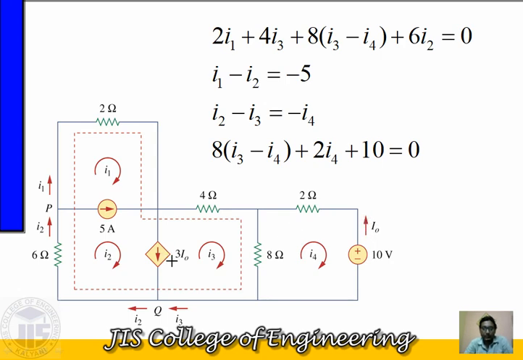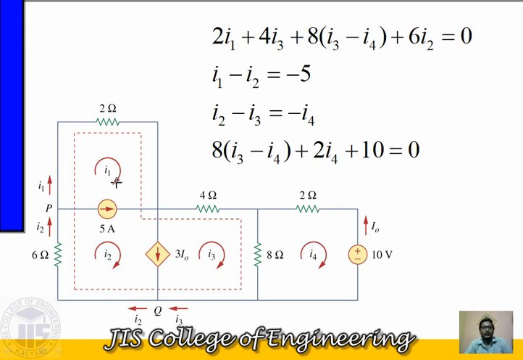Whatever closed path we consider, either this closed path or this one or this one, all these three closed paths have at least one branch containing a current source. So we cannot consider them individually as a mesh, and by using simple mesh analysis we cannot solve it. So we have to go for the super mesh analysis concept.